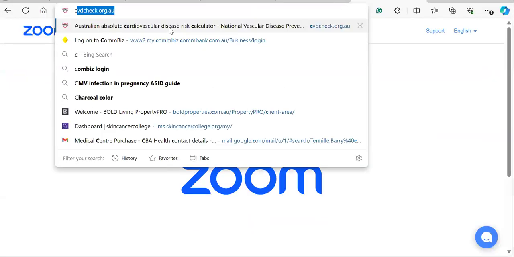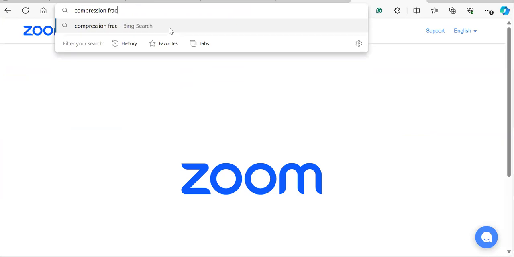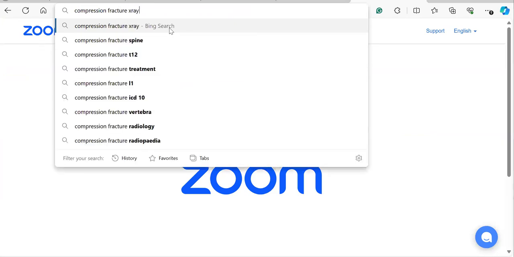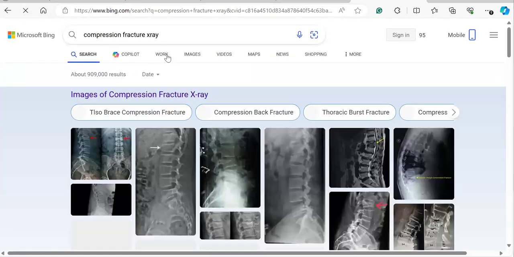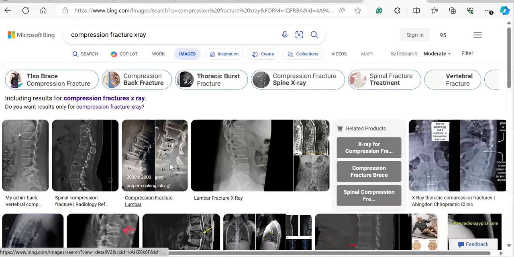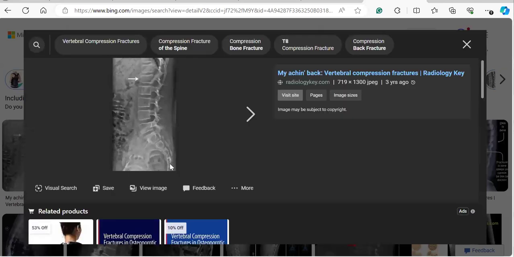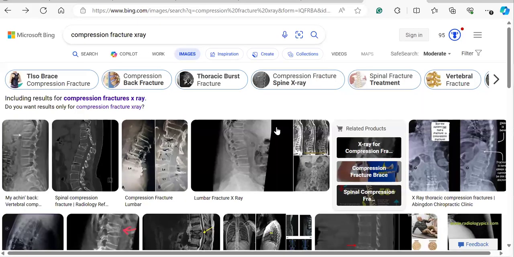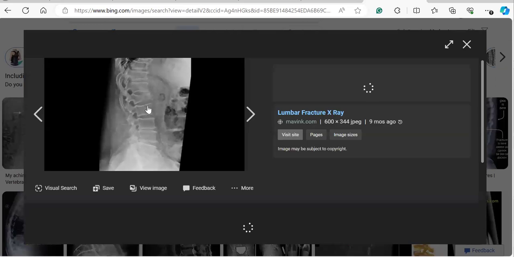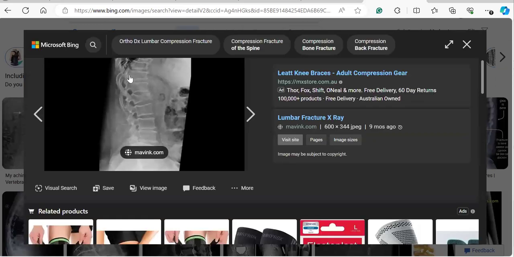So how does a compression fracture look in an X-ray? If you look over here, you can see very easily.